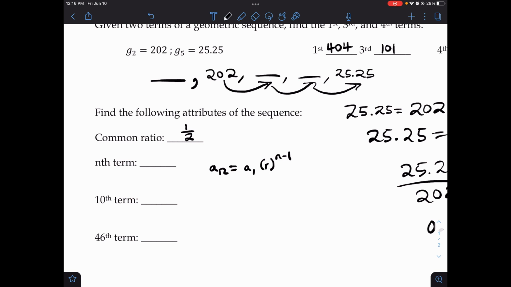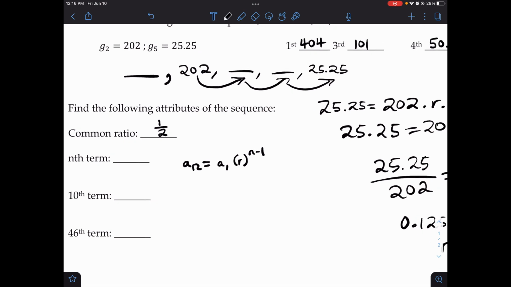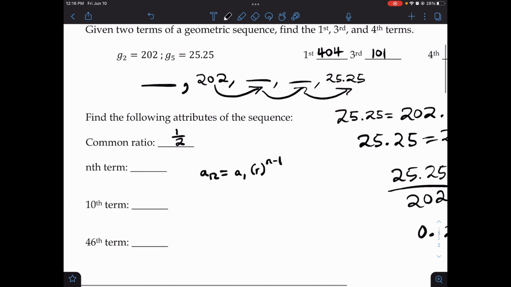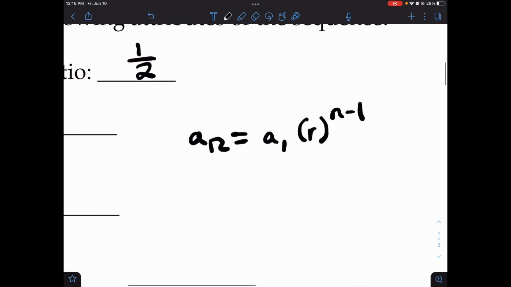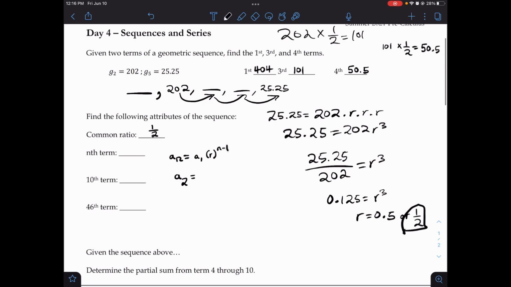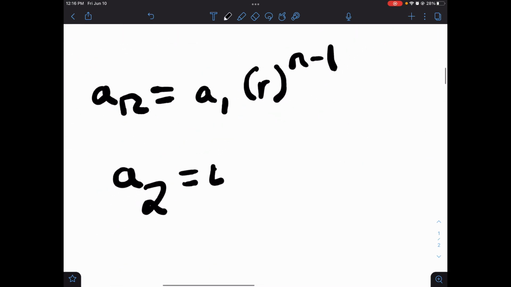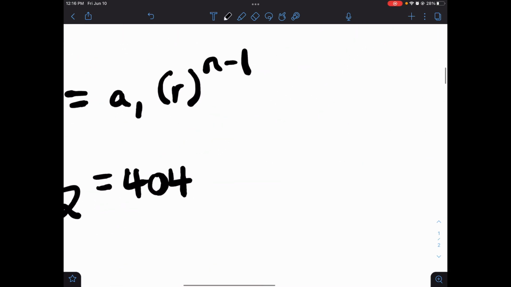Let's take the second term. So a sub 2 is equal to a sub 1, which is 404 because that's our first term, times r, which is our ratio.